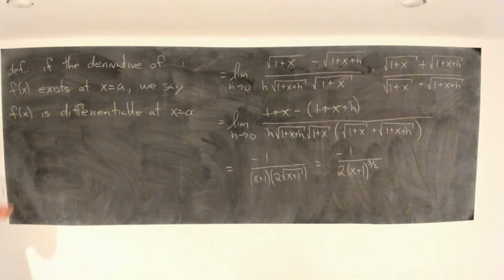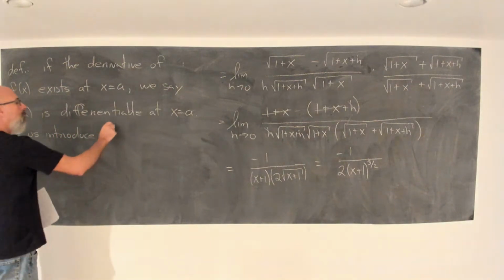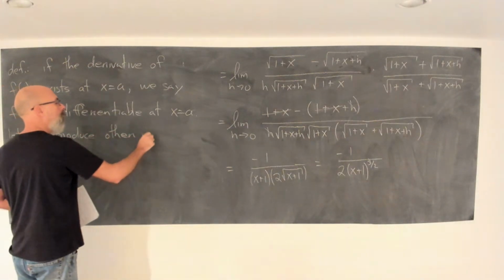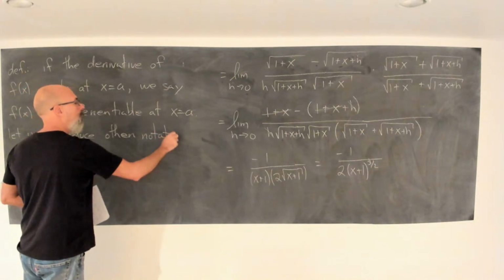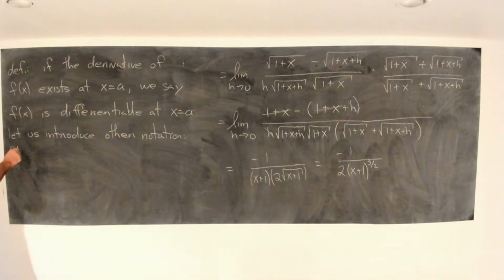We have other notation for the derivative. What did we introduce?